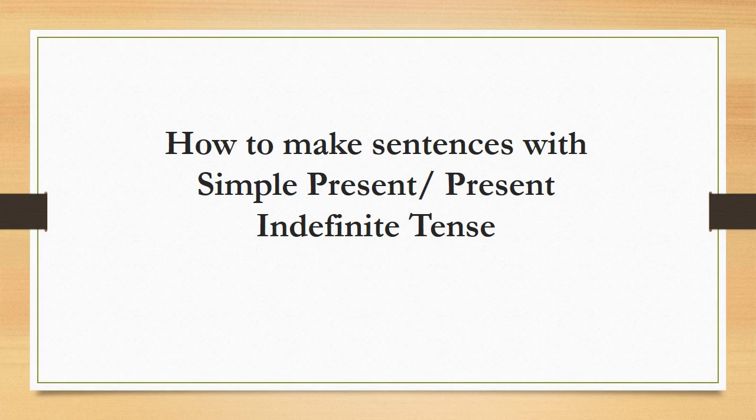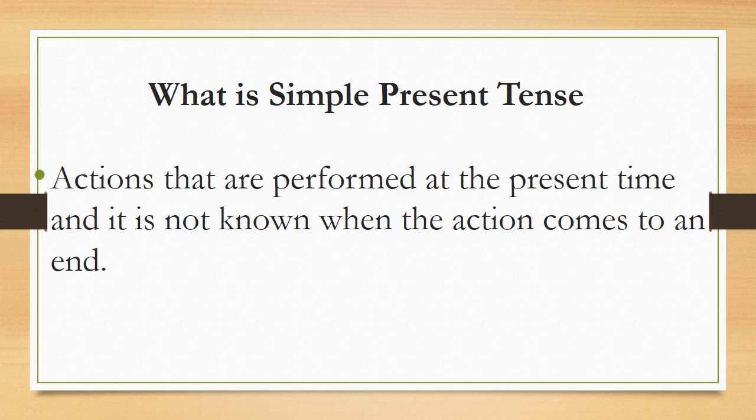Before I discuss how to make sentences with simple present tense, we should actually know what is simple present tense. I'm not going to explain this by any definition. In the most simple way, we can say simple present tense is not connected to past. It is not connected to future, but somewhere it lies at the present.